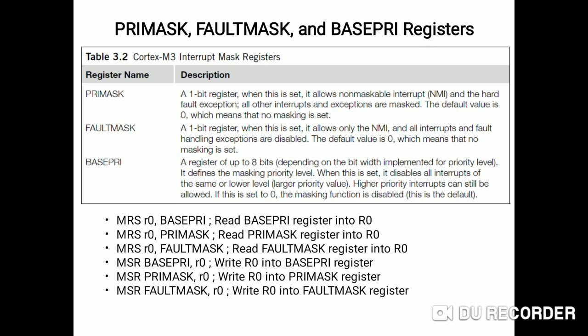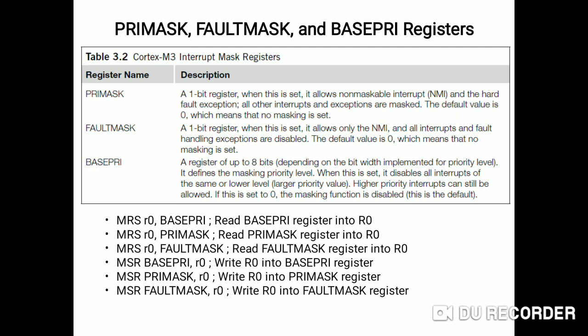To access the PRIMASK, FAULTMASK and BASEPRI registers, a number of functions are available in the device driver library provided by the microcontroller vendor. Details of these core register access functions are covered in the datasheet. A detailed introduction of Cortex microcontroller software is also covered in the datasheet.